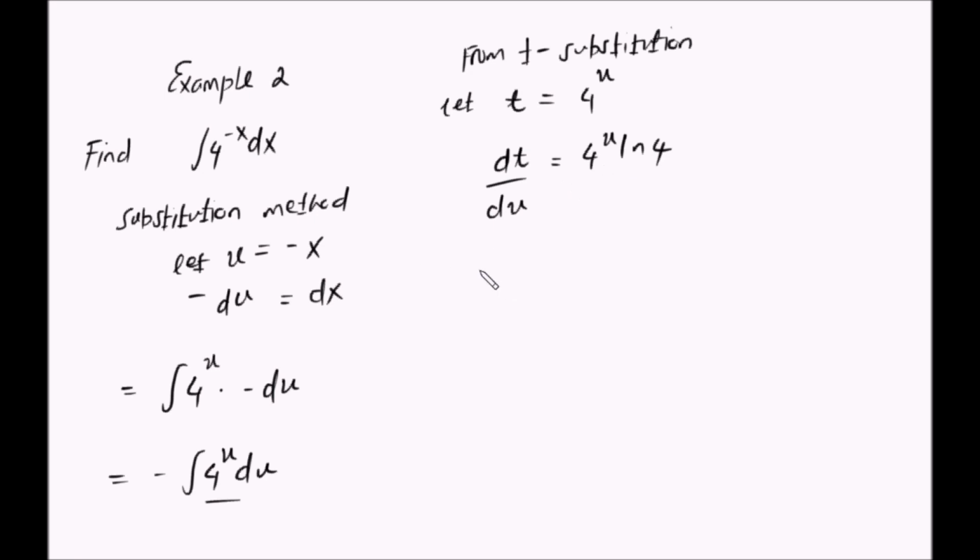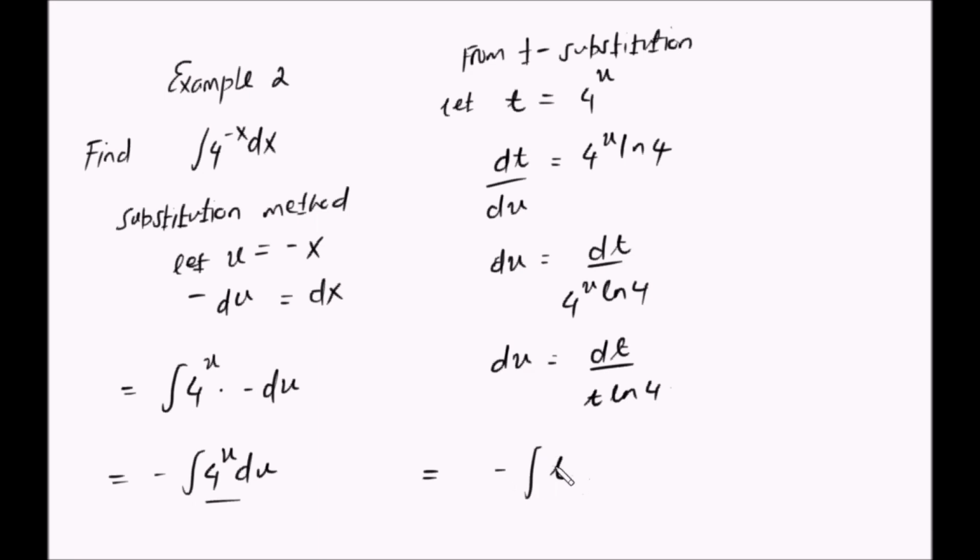So du kumbe du nikimake du the subject itakuwa sana dt over 4 per u ln 4. Kwa hiyo du itakuwa sana dt, so 4 per u tumesema ni t, kwa hiyo ni t ln 4. Kwa hiyo hii integral yangu sasa itakuwa sasa na negative 4 per u ni t, afu du ndio hiyo dt over t ln 4. So t na t zinakufa, nabaki na hiyo negative dt over ln 4. So let's start a fresh page.